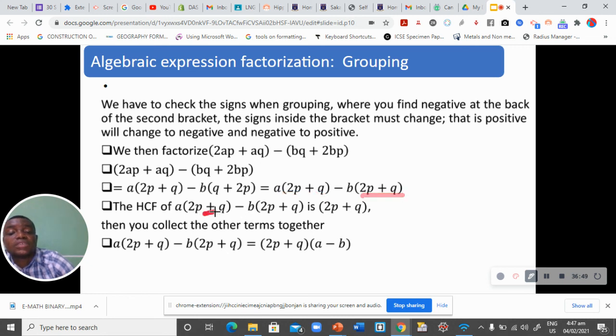So the factor is 2p plus q. You bring 2p plus q first, then you bring a minus b next. We have actually factorized. So when we are factorizing, we group. After grouping, you select the common terms out. Then you group them based on what is on both sides.